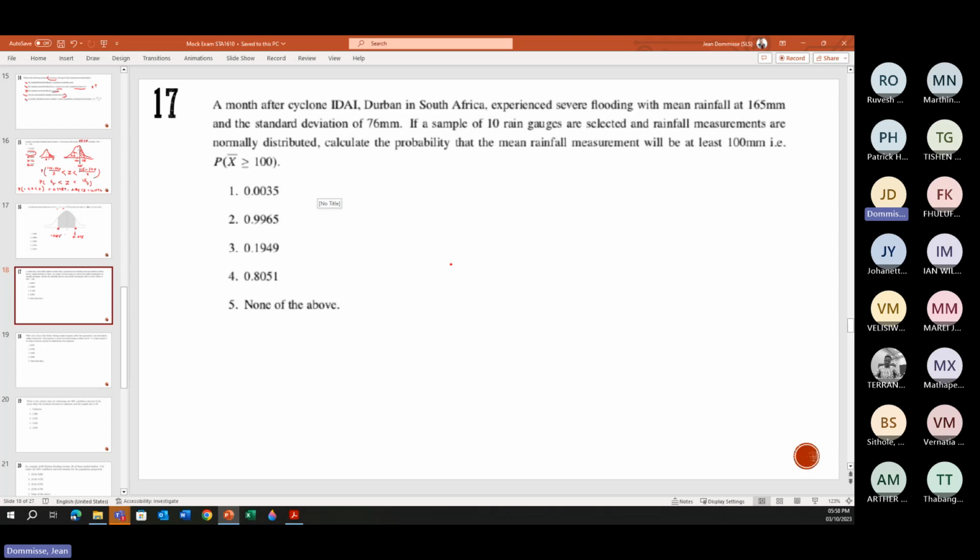So a month after cyclone Idai, Durban in South Africa experienced severe flooding with mean rainfall of 165 mil, and a given standard deviation. If a sample of 10 rain gauges is selected and rainfall measures are normally distributed, calculate the probability that the mean rainfall measurement will be at least 100 mil.